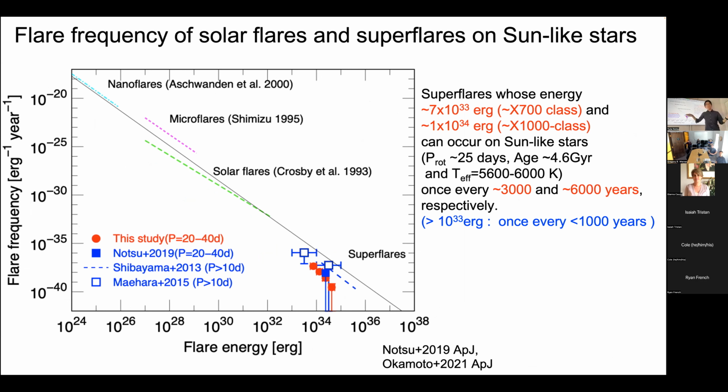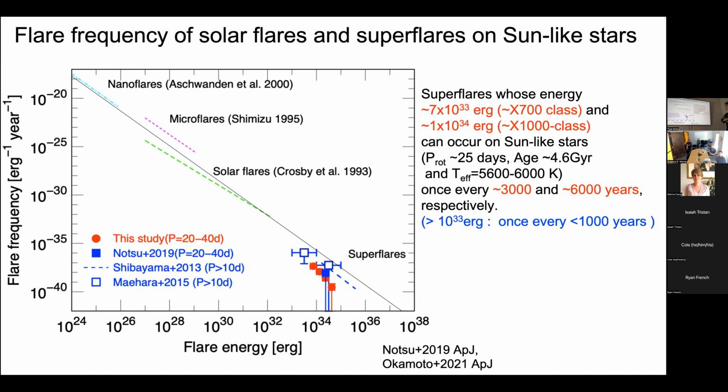And the superflares whose energy is around 10^34 erg, 100 times larger than the largest solar flare, and 10^35 erg, 1,000 times larger, can occur on sunlike stars once every 3,000 and 6,000 years, respectively.